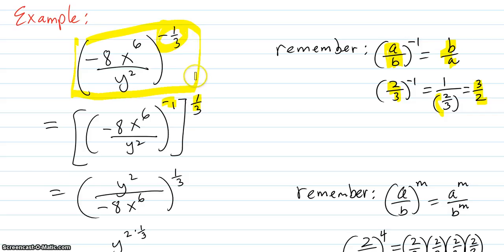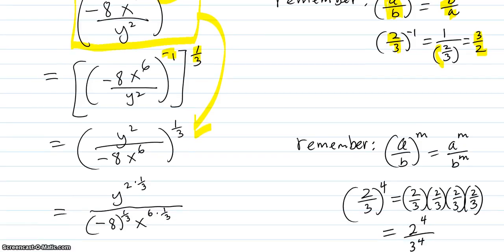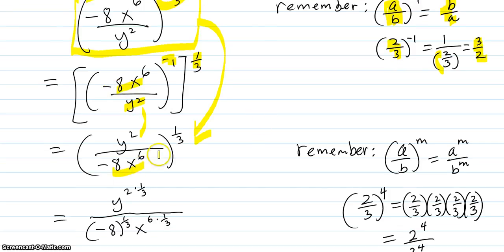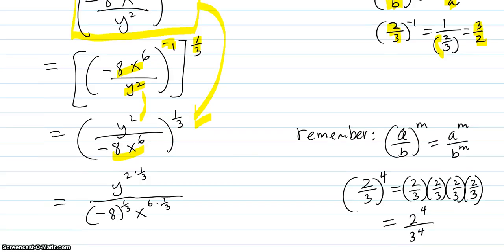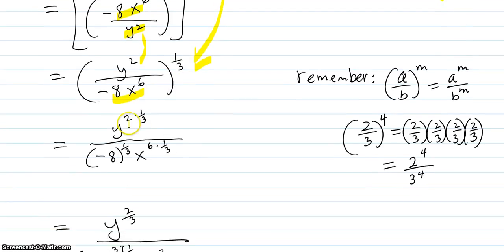Now you don't have to do that step. You could go directly to this, because all I'm going to do here is write this upside down. Take the y squared and put it here. Take this and put it down there. So that's the same thing as the negative 1 power. Okay, so then multiply in the exponents. 2 times 1/3.